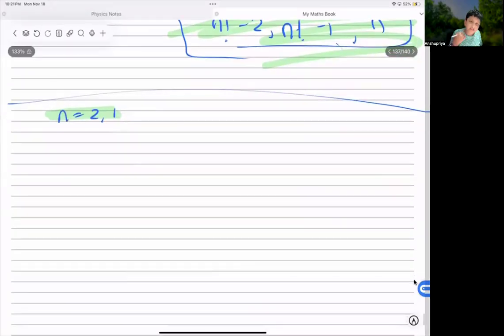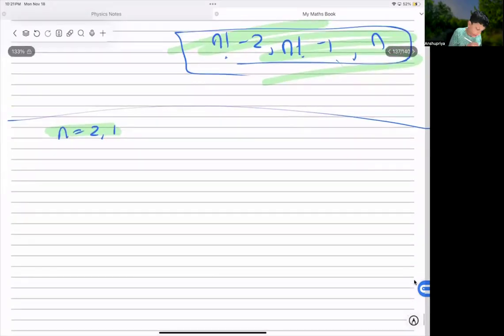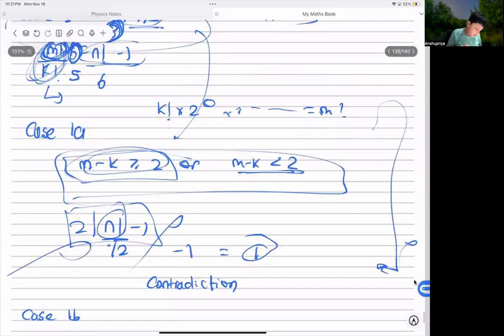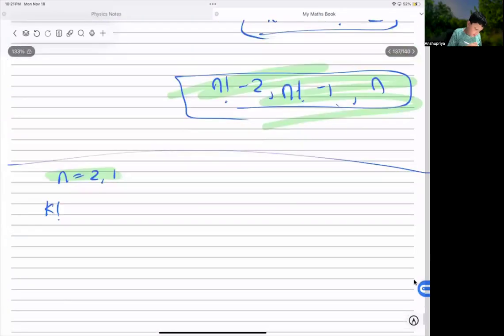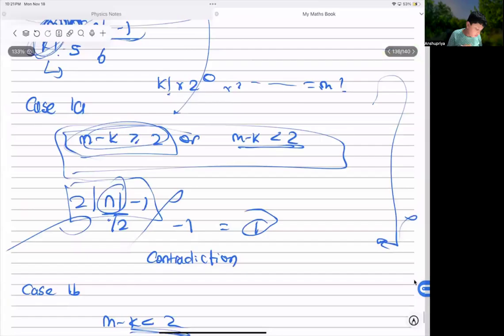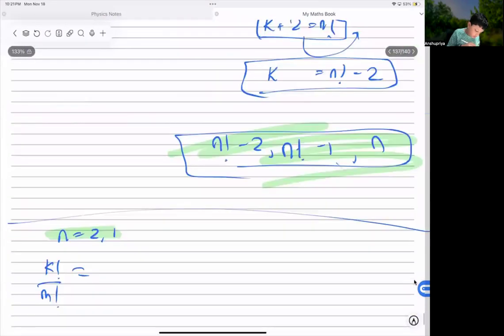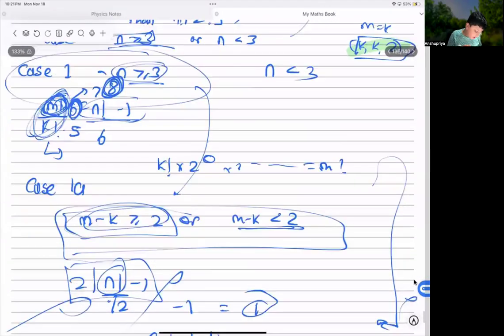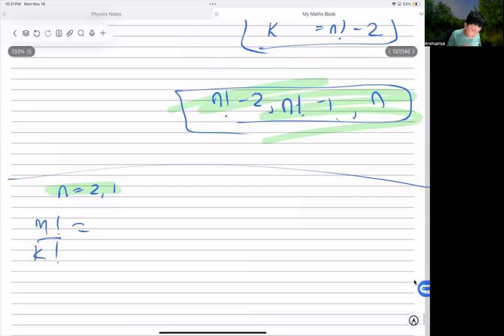Now if we put this into the original equation, what will we get? Look here, m factorial upon k factorial is equal to 2 factorial minus 1.